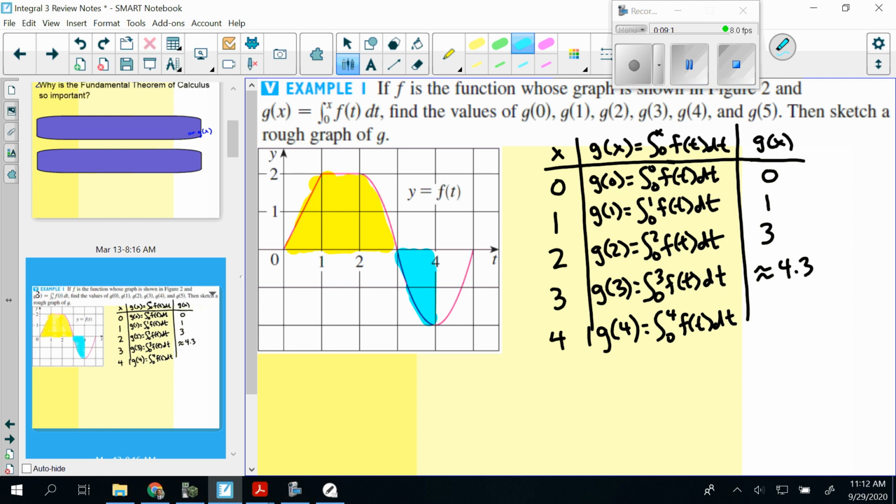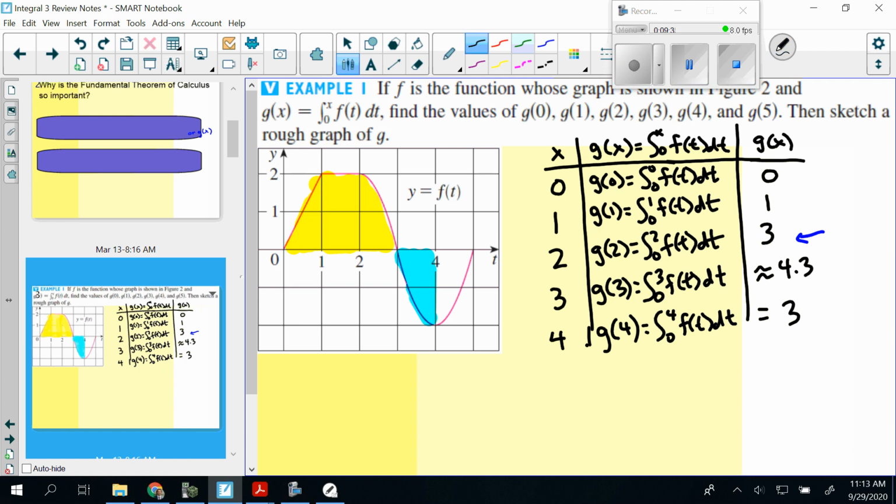We'd also have to approximate that one, but it looks like that area is the exact same amount of area we just added on in the previous one, but now it's negative. So if we subtract that area off, that would bring us right back to the same area we had here of 3.